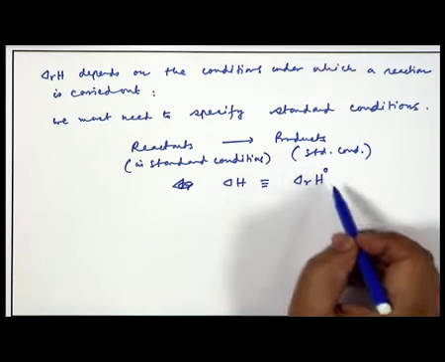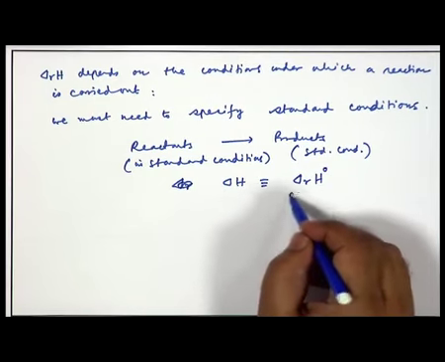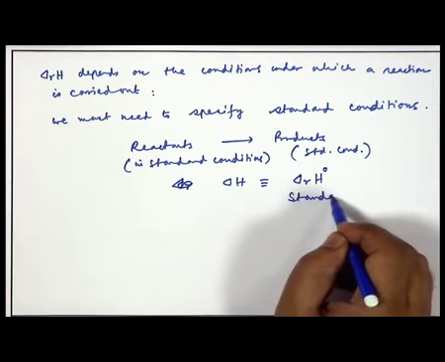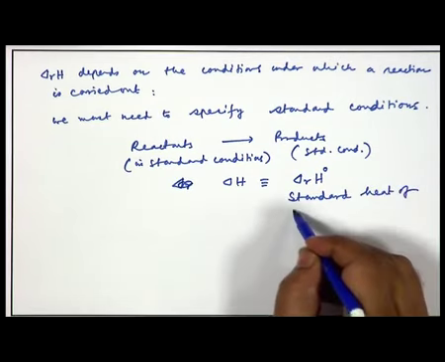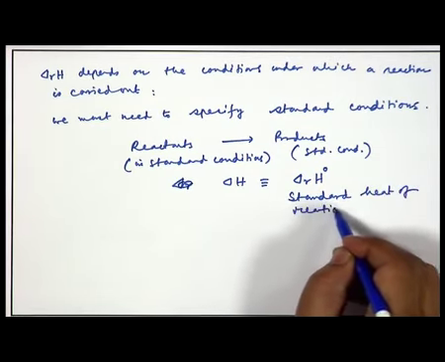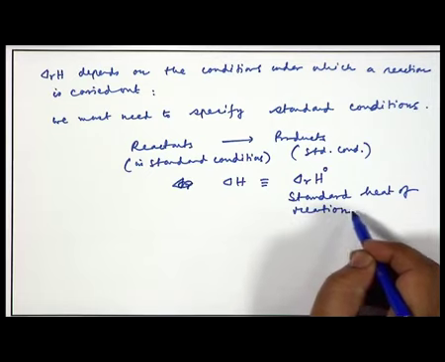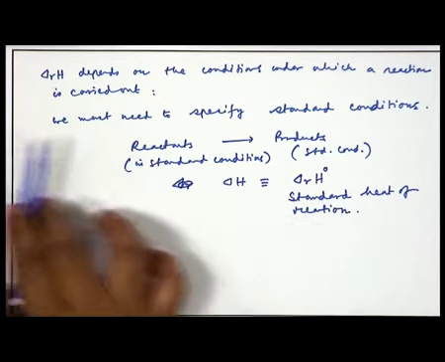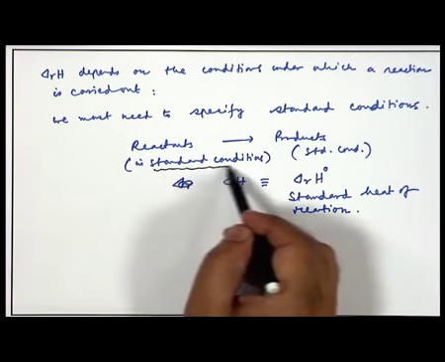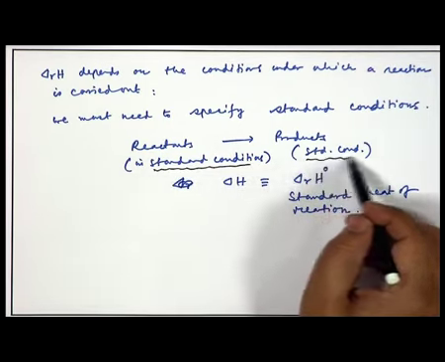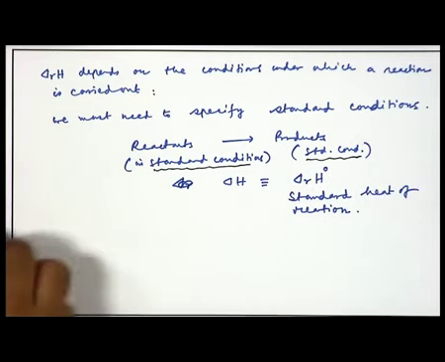This signifies the standard heat of reaction or standard enthalpy of reaction. Now, you have noticed that we are talking about reactants in standard conditions and products in standard conditions.